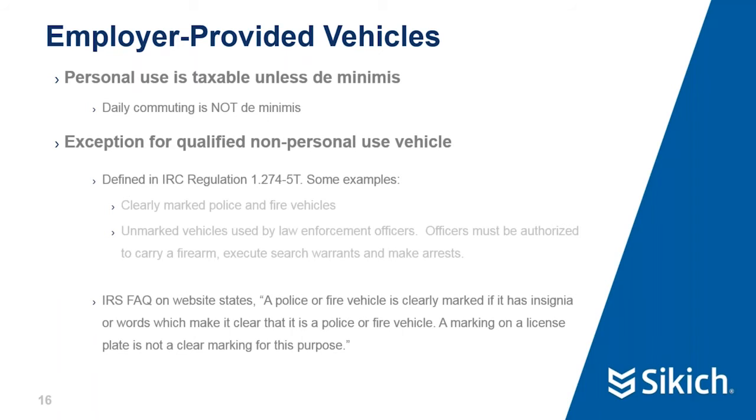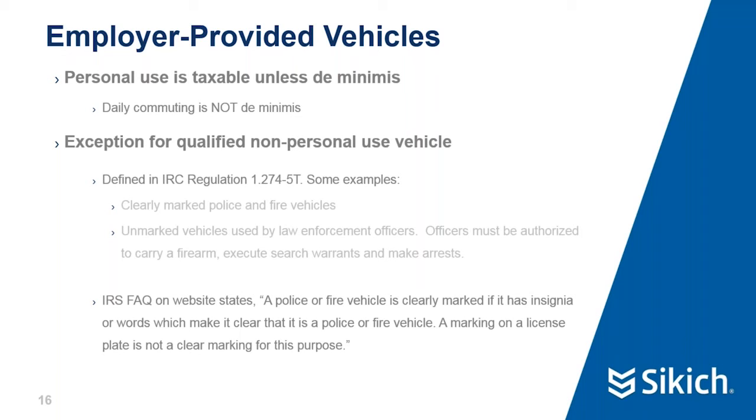The next section in the area of fringe benefits is the employer-provided vehicles. Personal use is considered taxable, and there are exceptions for qualified non-personal use vehicles. Again, this is government specific, but I do want to mention that qualified vehicles in general would be clearly marked police and fire vehicles, or if they're unmarked, if they're being used by a law enforcement officer who is authorized to carry a firearm or execute a search warrant or make an arrest.